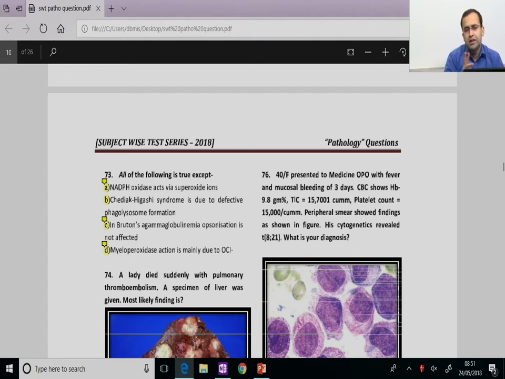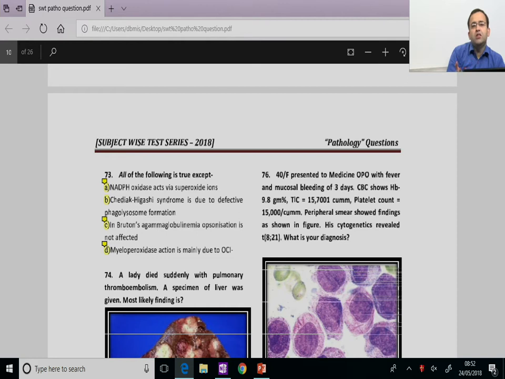True. We have already seen the pathway of NADPH oxidase. Oxygen is converted by NADPH oxidase to superoxide, then superoxide dismutase gives H2O2, and MPO leads to hypochlorous anion. So the first statement is true. Next, Chediak-Higashi syndrome is due to defective phagolysosome formation. True.